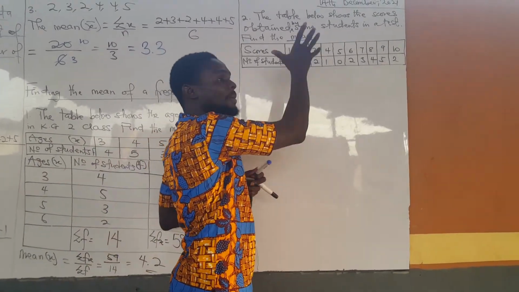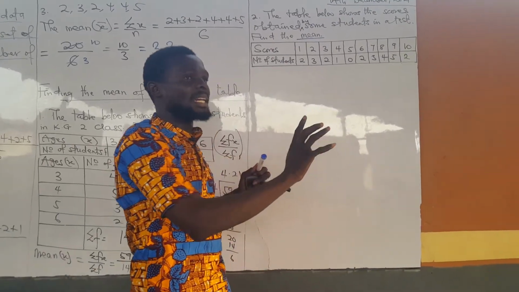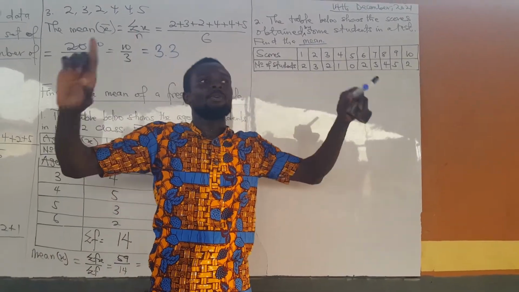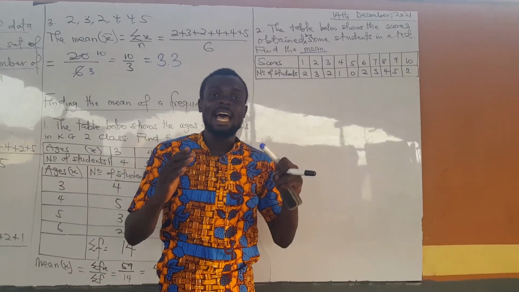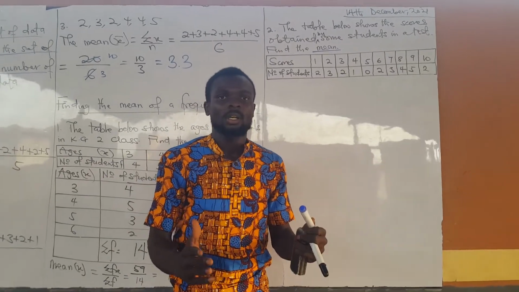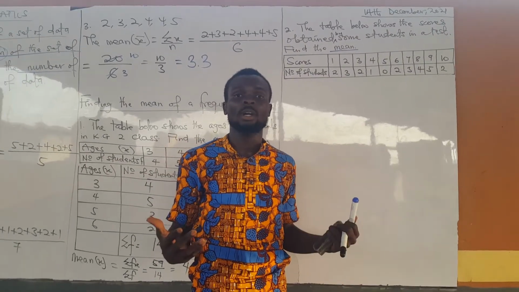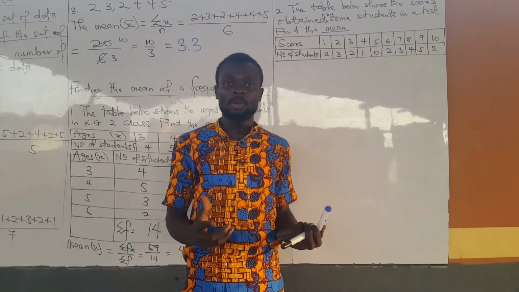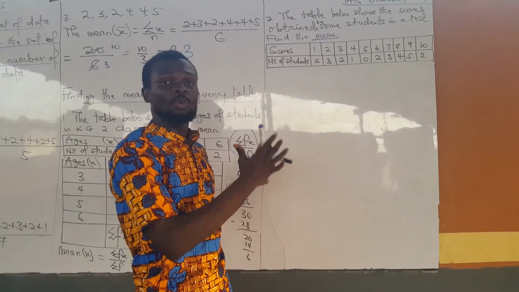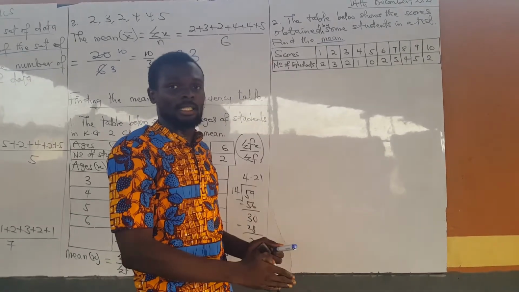Anytime we are given a question like this and the numbers are already in a table form, we say that the data has been grouped. So how can we construct our frequency table? The frequency table will be constructed vertically.